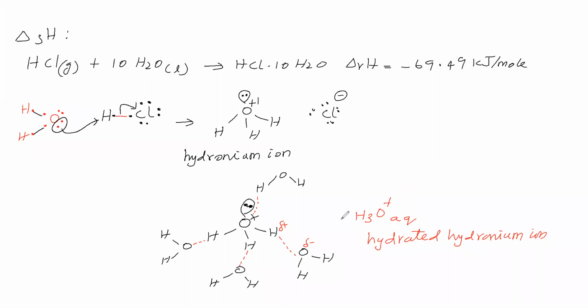Now, similarly, Cl minus ion is also surrounded by water molecules. Therefore, Cl minus we can write as Cl minus (aq). This we can call hydrated chloride ion. So, hydrated hydronium ion and hydrated chloride ion are formed.